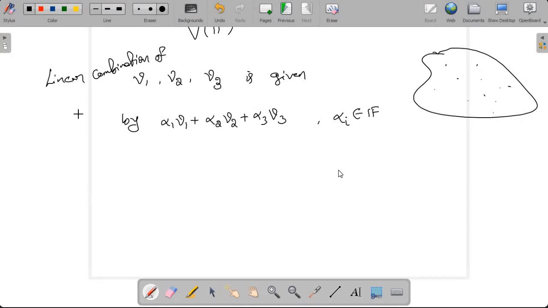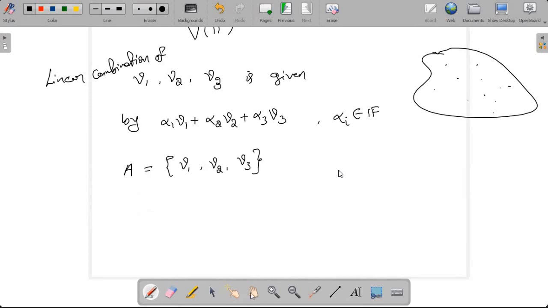Whereas if you take these vectors as a set, let me assume some set, instead of using S, let me use some A. Okay, so now A is the set which contains v1, v2, v3.